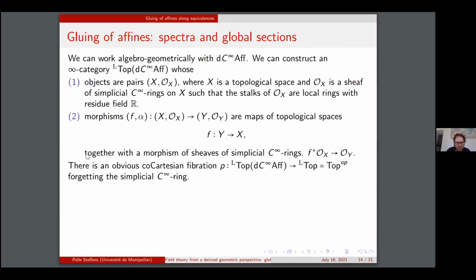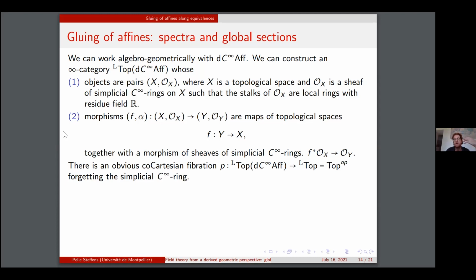Oh, that's unfortunate. I thought I had a slide here that made a connection with a much more algebraic version of these simplicial C-infinity rings. Maybe I'll just say it in words. It turns out there's a much more tractable algebraic category that you can use.